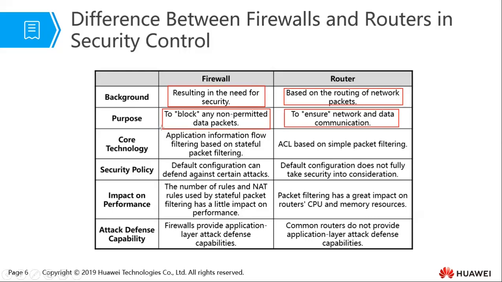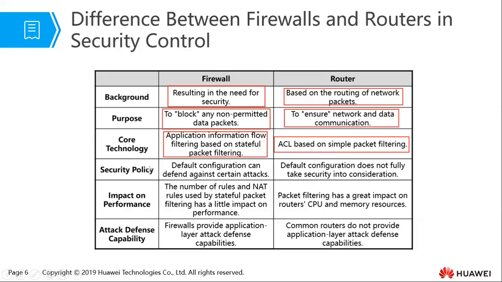The core technology used for firewalls is information flow filtering based on stateful packet filtering. When it comes to filtering, this one can only perform simple packet filtering using ACLs. So simple packet filtering uses things like source and destination addresses and so on and so forth. But firewalls can do stateful packet filtering. So I'm going to explain to you later what stateful packet filtering is.